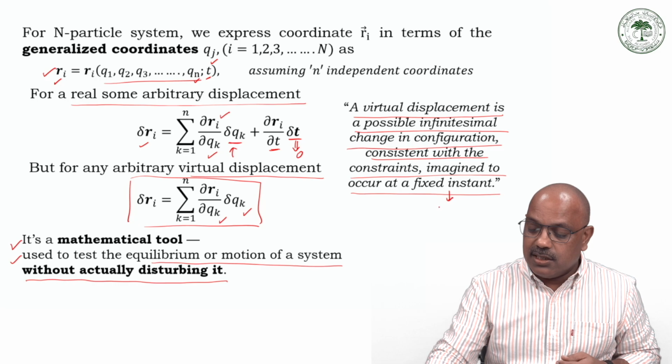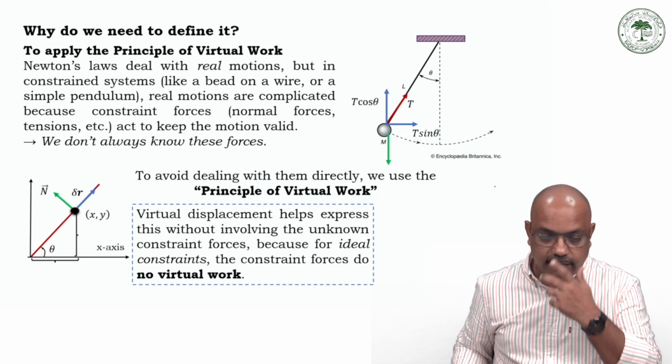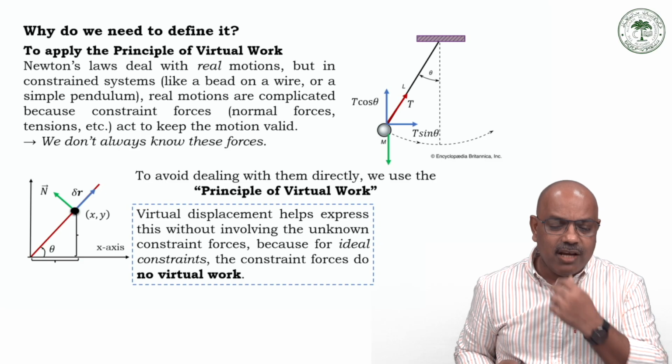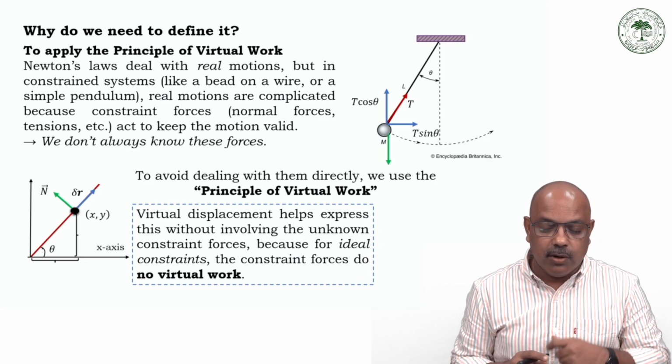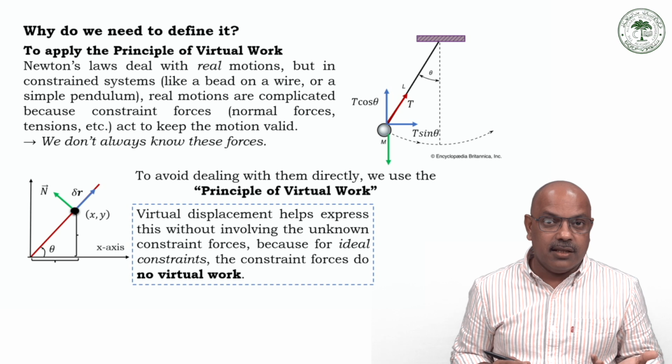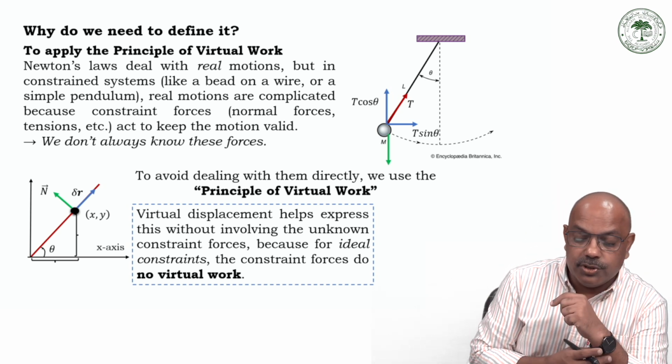Fixed instant means delta t is going to be 0. Fine. Now, why do we need to define this concept of the virtual displacement? One, as I told you, it is going to help find the equilibrium position of the system.